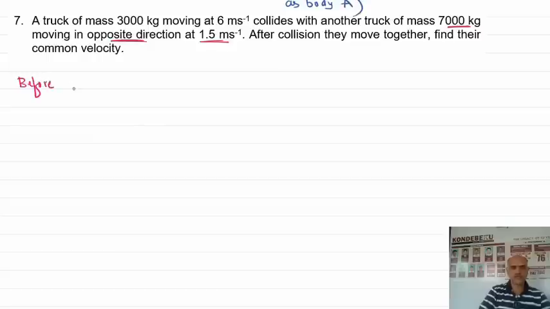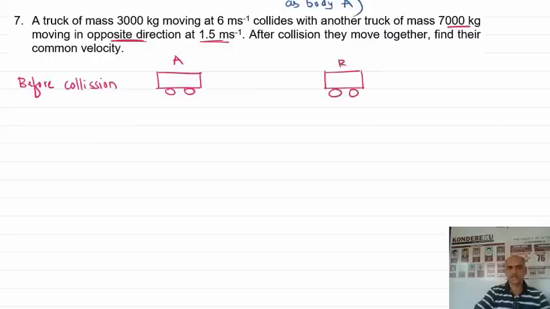So first, before collision, there are two trucks, a rough diagram. Imagine this as a truck. There are two trucks. I will take them as A and B. A truck of mass 3000 kg, so m1 is equal to 3000 kg, moving with velocity 6 meters per second.